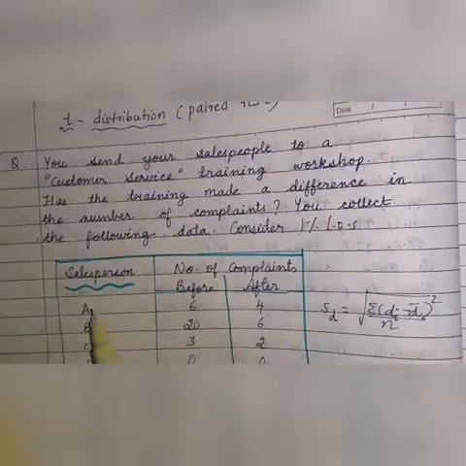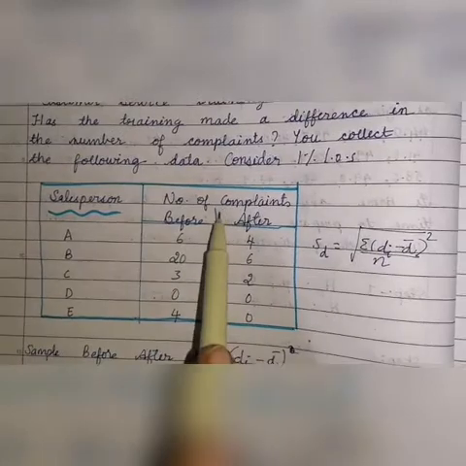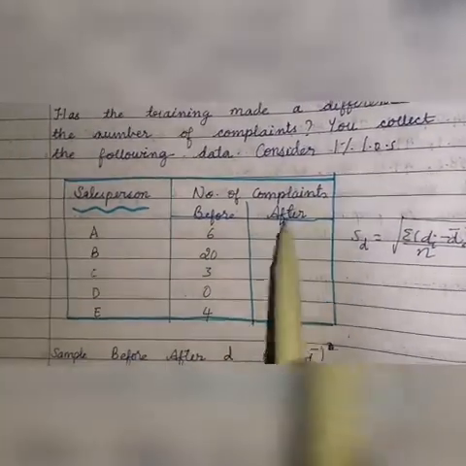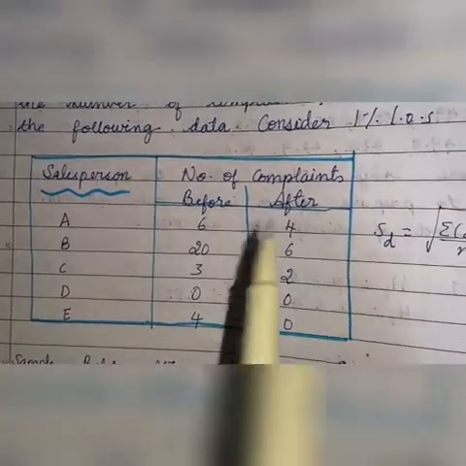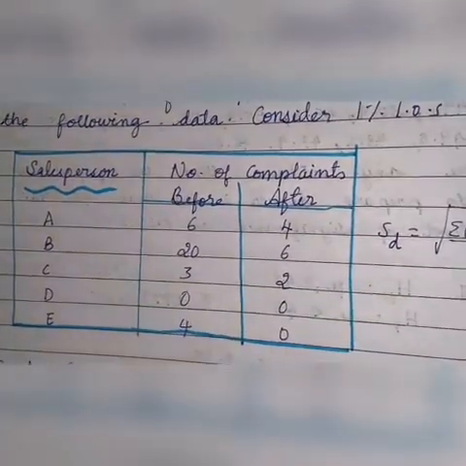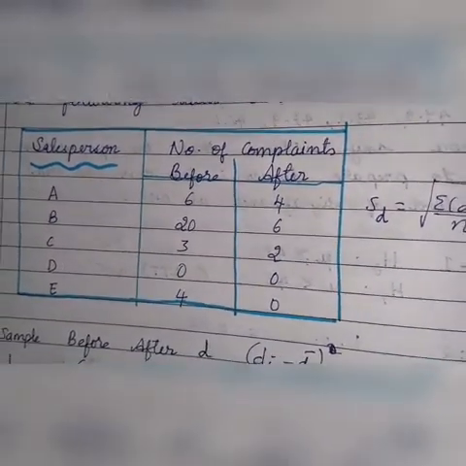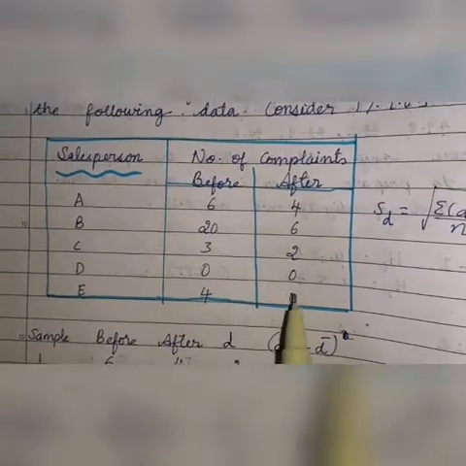In this case, we have 5 salespeople A, B, C, D, E, and we have the number of complaints before the training session and after the training session. So this data is given to us, and they're asking us to find out has the training made any difference in the number of complaints. We cannot generally make a statement based on the values given here.